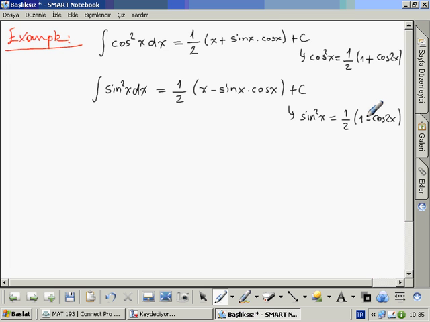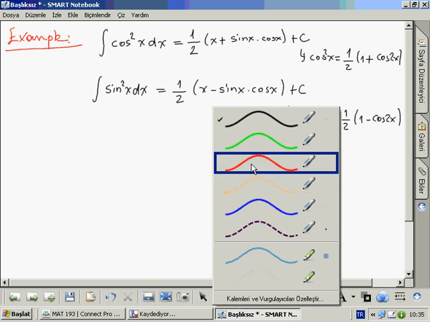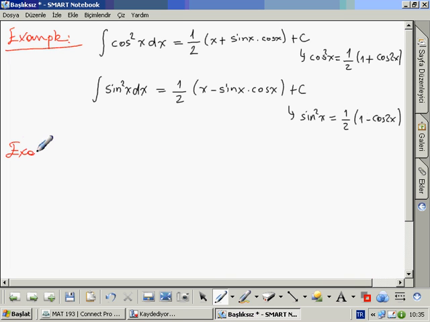Okay, example again: the integral of sine to the 4th power of x dx. What will we do? I have just given the cosine square x equality, and it's not hard to understand.